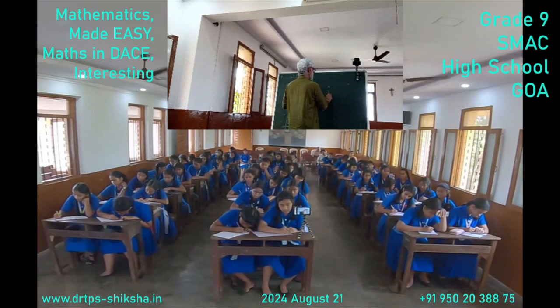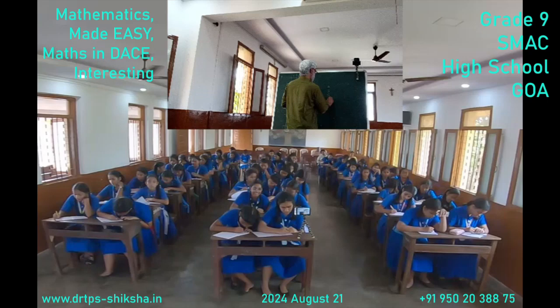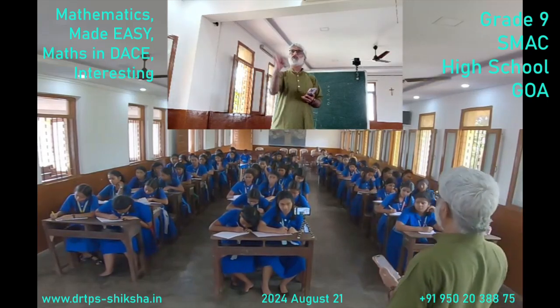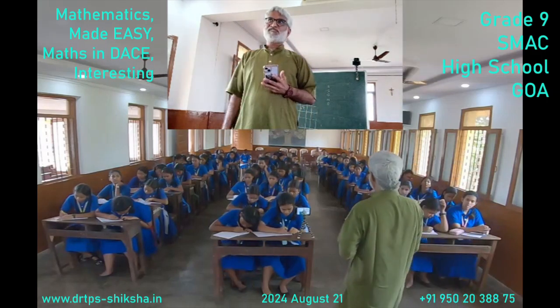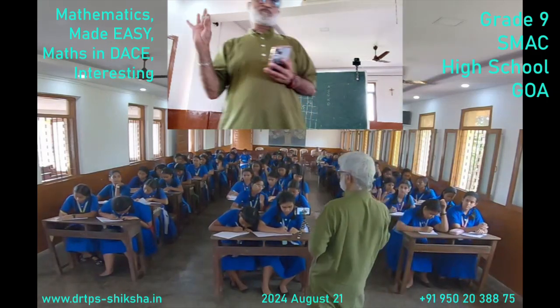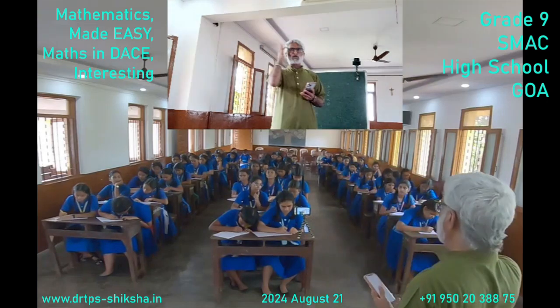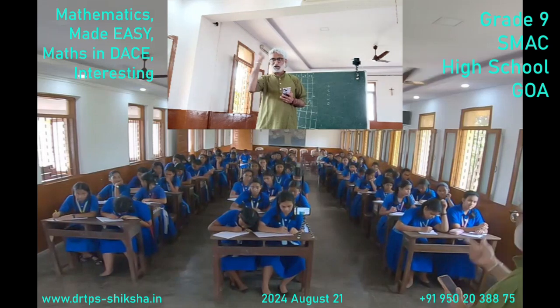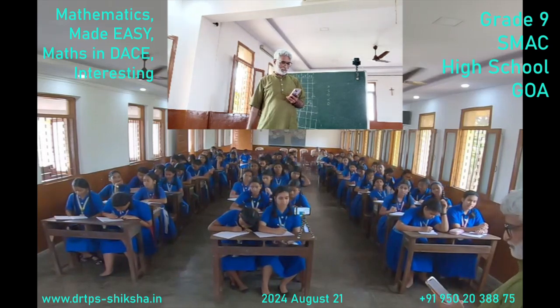August, September, October, November, December, 1, 2, 3, 4, 5 months. I will give you the calendar. The calendar is only 5 numbers. If you remember those 5 numbers, you can throw the calendar out. It will be in your brain. Okay.